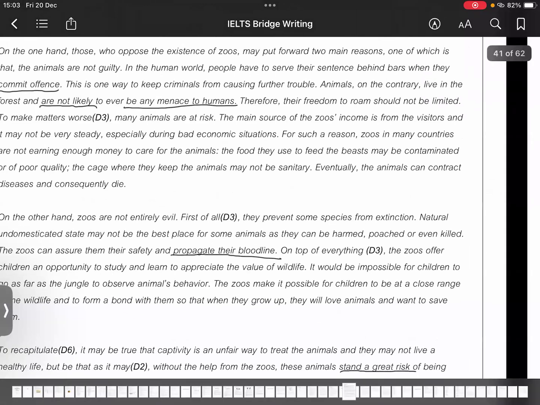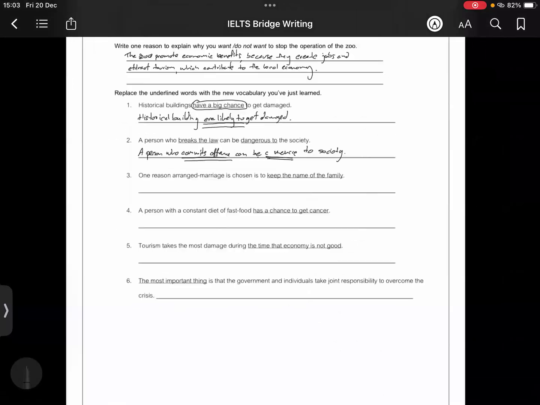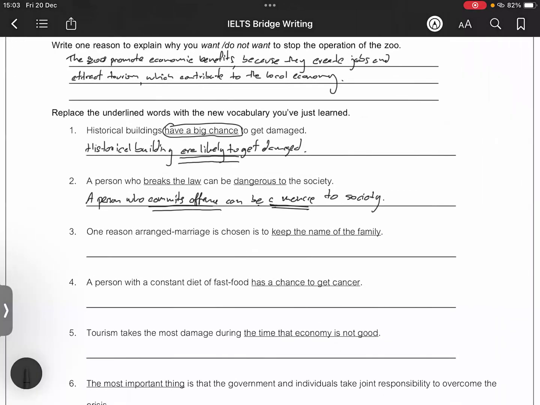That's the equivalent expression. So I can say, one reason arranged marriage is chosen is to propagate the bloodline.